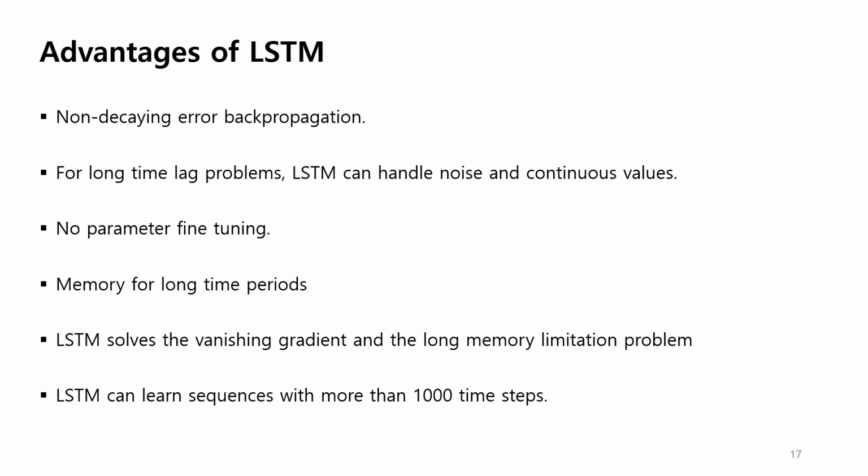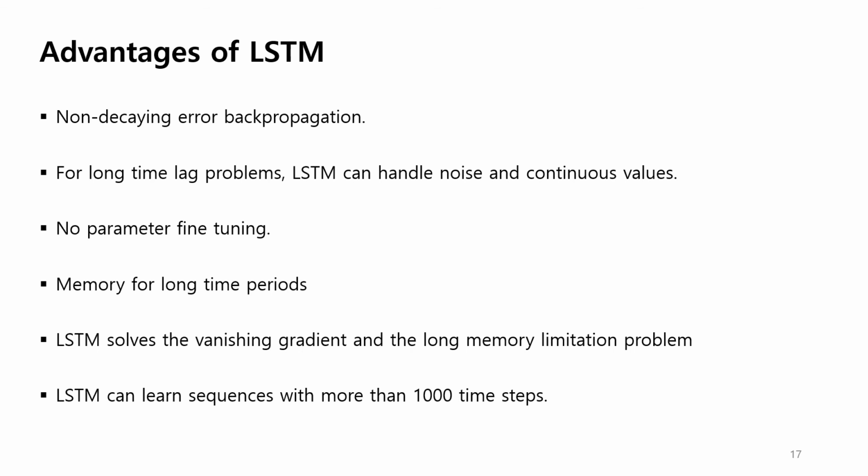And it has a lot of parameters, in the gates and in many other areas. But backpropagation through time tunes them automatically, so you don't have to worry about all the weight parameters in LSTM. No parameter tuning is necessary.